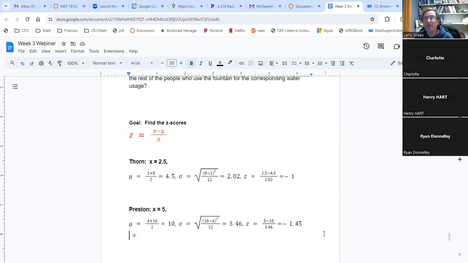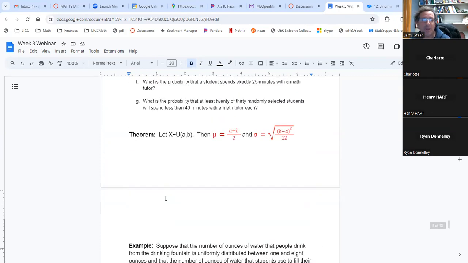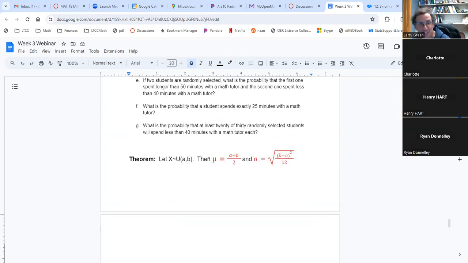Yeah, Preston was more unusual because Preston's z is farther from 0. Any questions on that? Was Preston an outlier? No, not an outlier. More unusual than Thorne, but not an outlier. Do you see how that works? Any questions on this use of these big formulas for the mean and standard deviation for the uniform distribution?